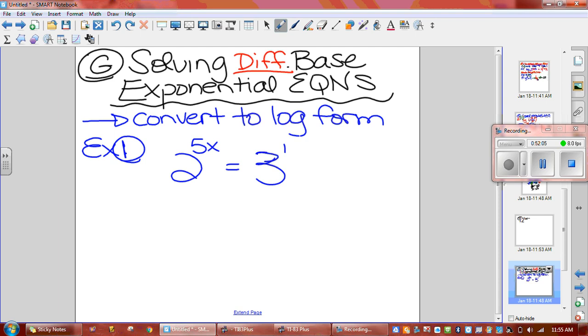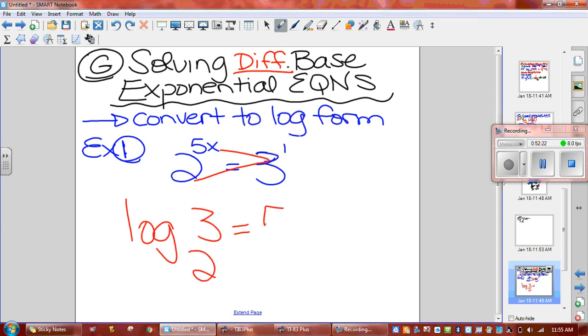Okay, the bases are different. So the first thing we do is convert to log form. So this is where we do this. The 7 rule. So, log base 2 of 3 is equal to 5x. Okay?